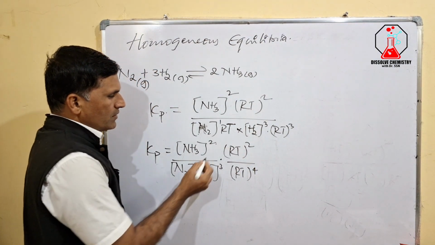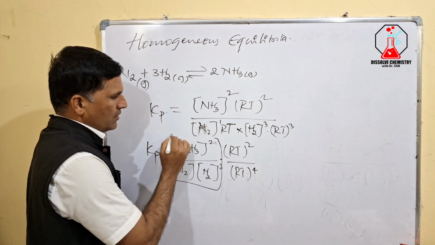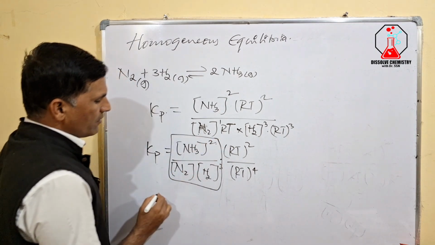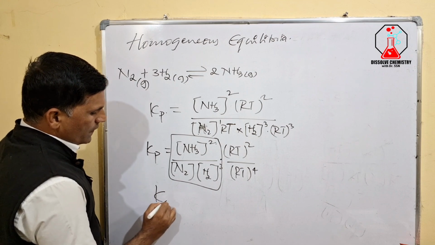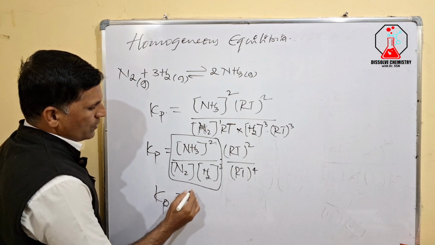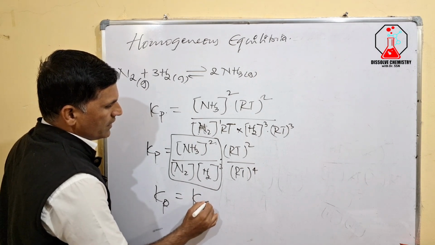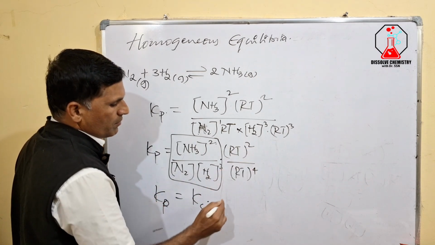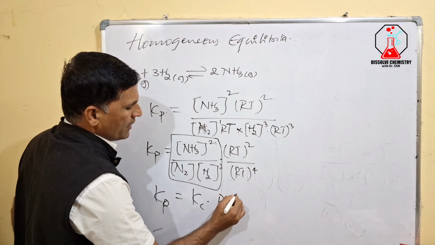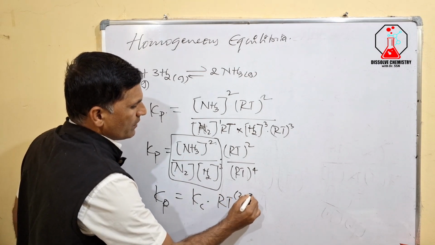Now what do these terms indicate? That is nothing but your Kc. So Kp, the equilibrium constant in terms of pressure, is equal to Kc into, if you take it to the top, RT raised to the power 2 minus 4.